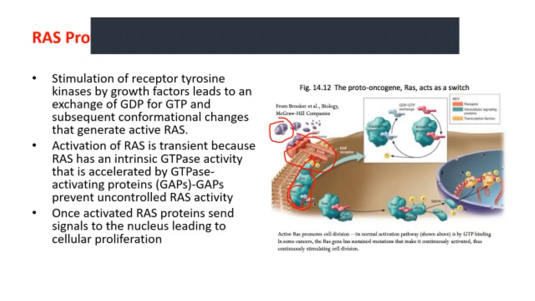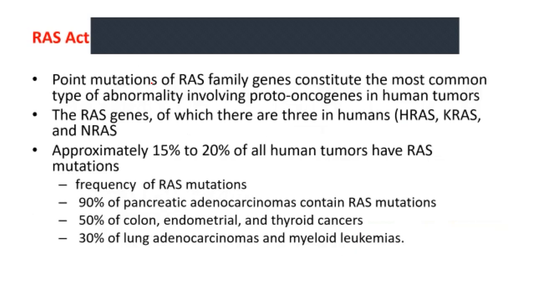So RAS again activates the RAF, MAP kinase and MEK kinase pathway, which is seen in most cancers, especially the RAS, RAF, MEK pathway altered in malignant melanoma. Once activated, RAS protein signals to the nucleus, leading to cell proliferation. So mutations in any of these pathways, either growth factor receptor or signal transduction molecules, will lead to survival of the cells.